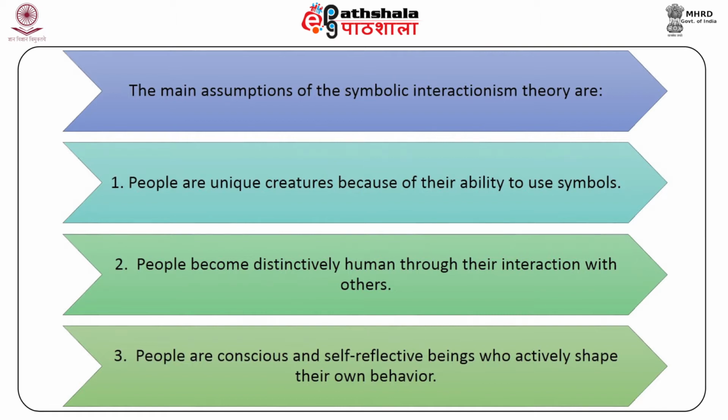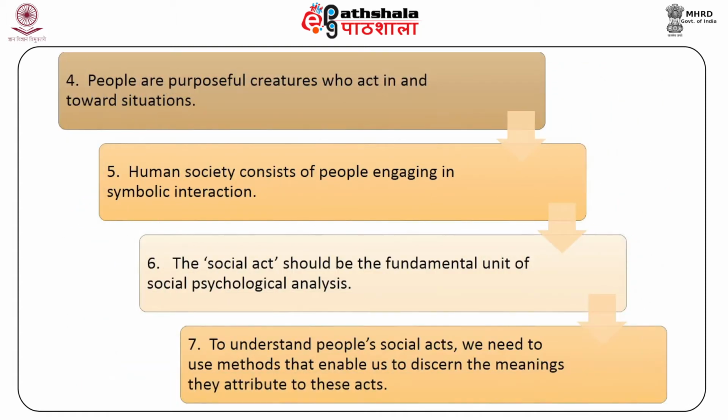Third, people are conscious and self-reflective beings who actively shape their own behavior. Fourth, people are purposeful creatures who act in and toward situations. Fifth, human society consists of people engaging in symbolic interaction.